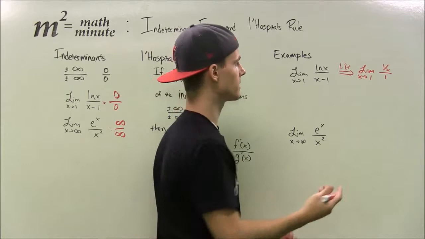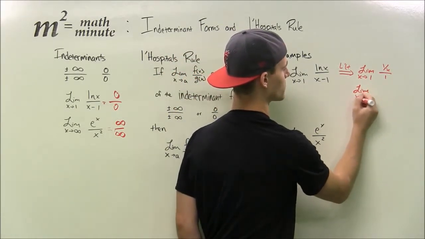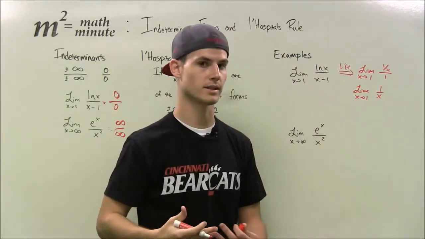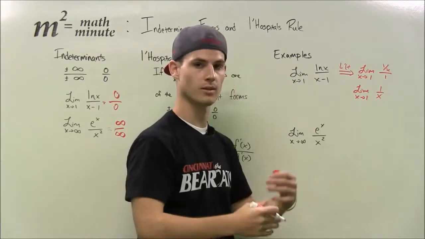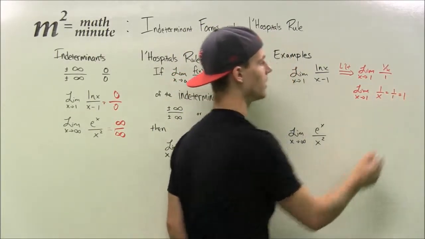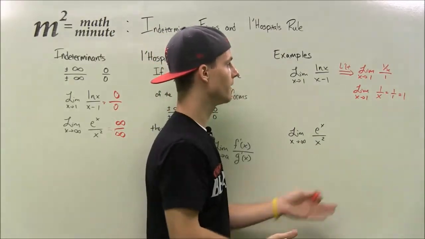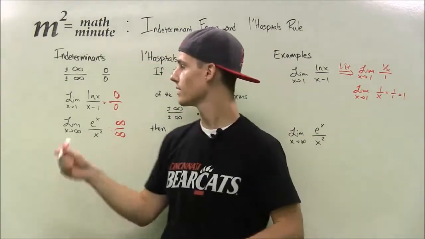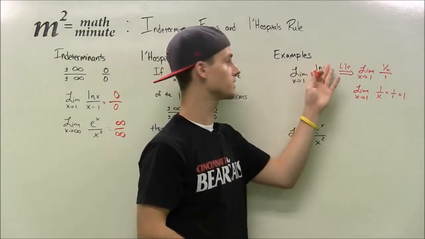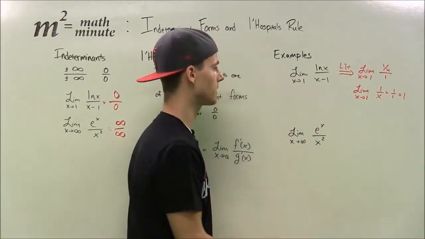So we have the limit as x approaches 1 of 1 over x, which now, by the direct substitution property, we can just plug that 1 in, and we get 1 over 1. So, although this looked like we had no way to solve it, it was actually 1. We were given an indeterminate form, we applied L'Hopital's rule, we differentiated the top and the bottom, and we evaluated the limit.